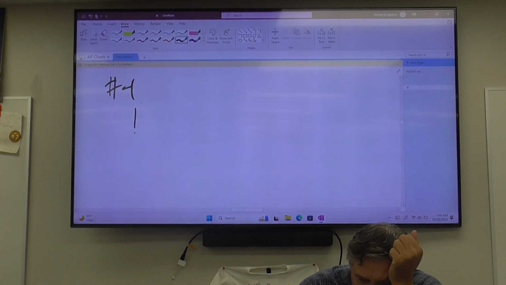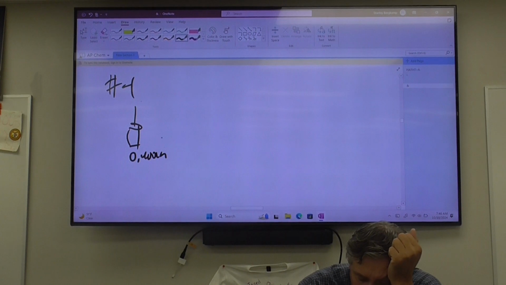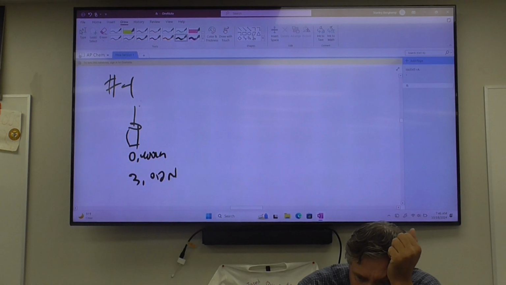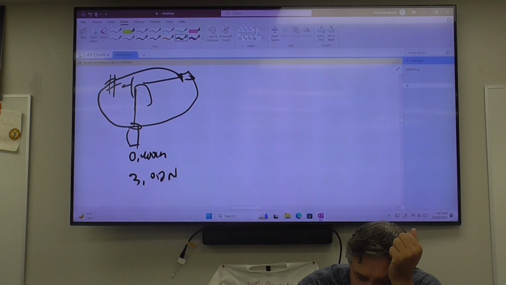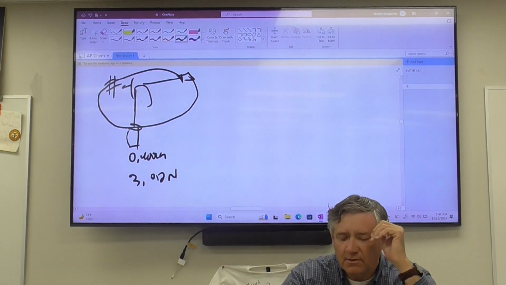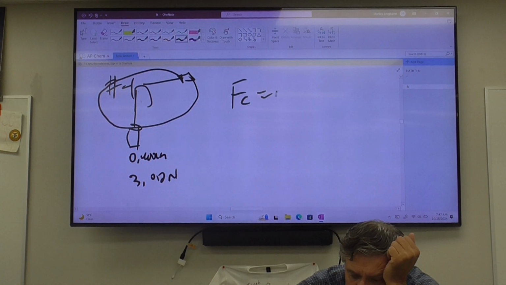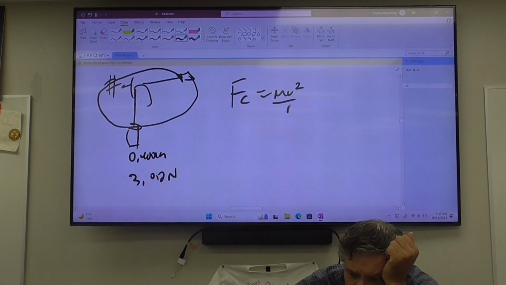And in trial number 4, everybody used 0.4 kilograms, which weighs 3.92 newtons. So the assumption is that what's creating that inward force as this thing goes around is that 3.92 newtons. So then you actually spun it around, and then you're going to compare that using mv squared over r.